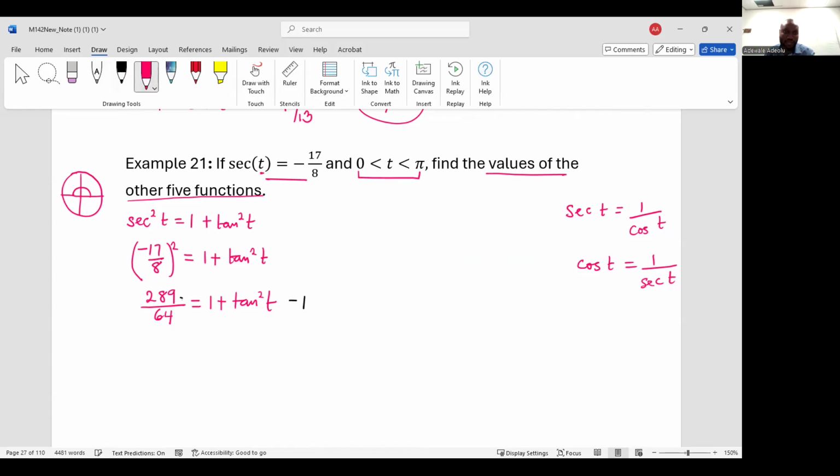I need to be careful how I write this. Or I can say I move 1 to the other side. So it's the same thing. Therefore, I have tangent squared of t equals 289 divided by 64 minus 1.